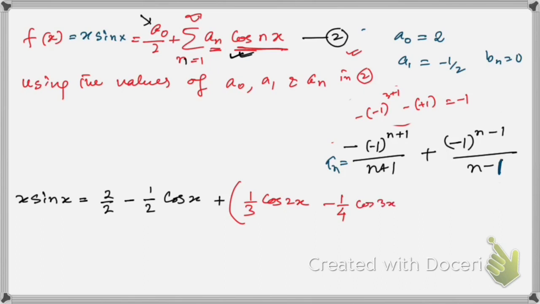Then if you continue this process, you will get plus 1 by 5 cos 4x, then minus 1 by 6 cos 5x, and plus 1 by 7 cos 6x, and so on, dot dot dot.